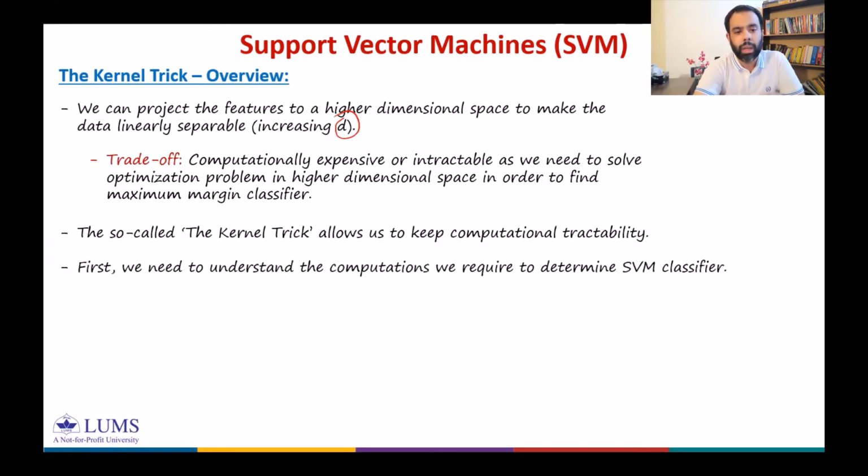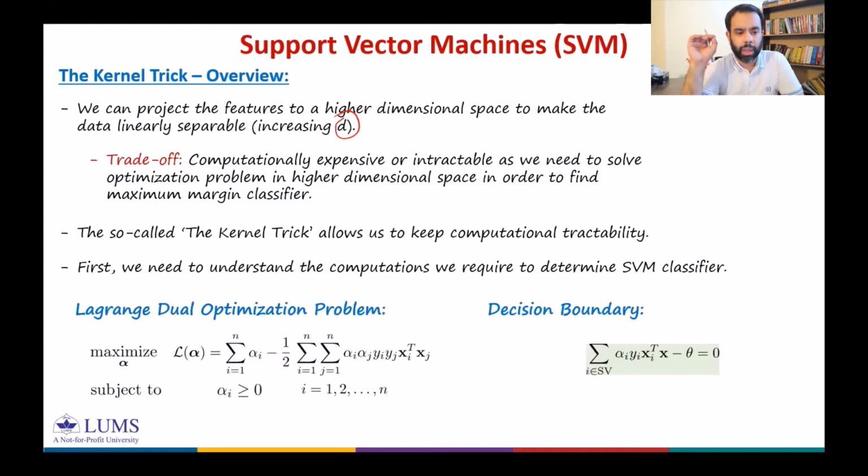First, we need to understand the computations we require to determine the SVM classifier. If you remember, that's how we formulated the Lagrange dual optimization problem. We maximize this Lagrange dual function, which is a concave function, which is equivalent to minimizing the negative of this.